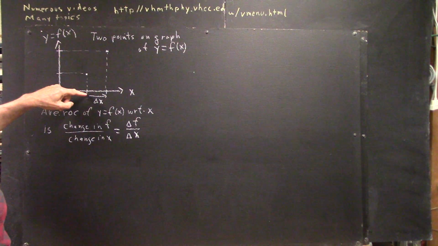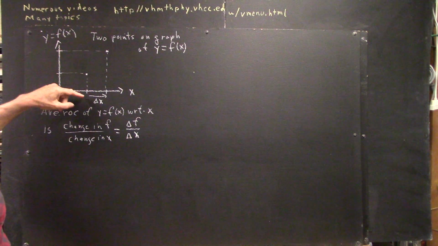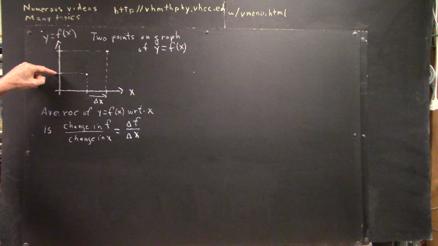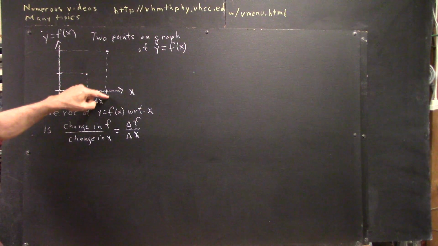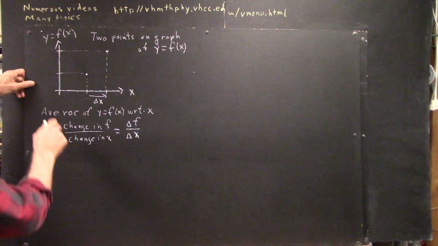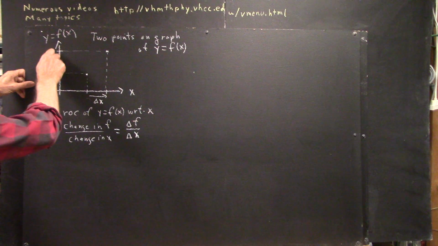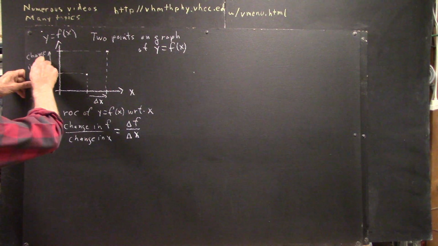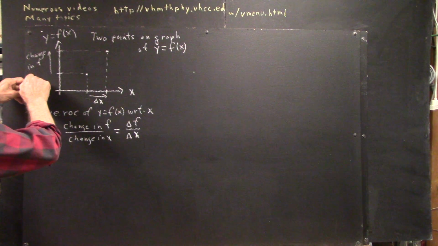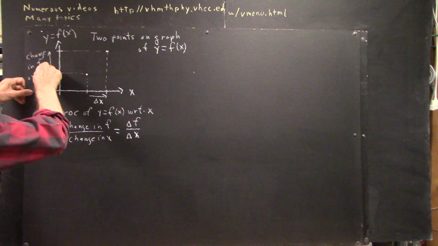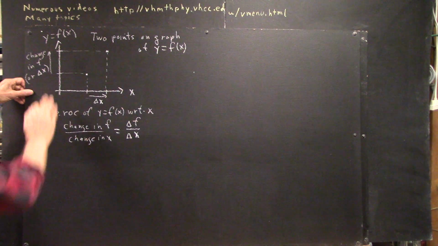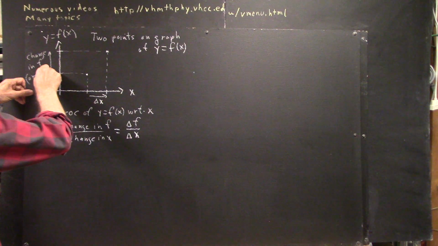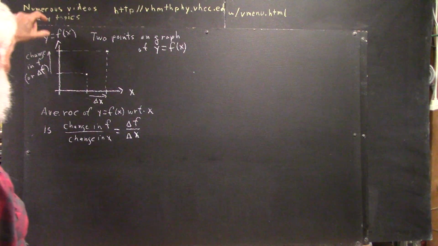Now, if x changes from this to this, well, when x has this value, f has this value. When x has this value, f has this value. So here I have my change in f, which I can write just as delta f.